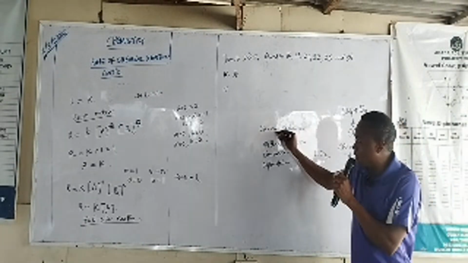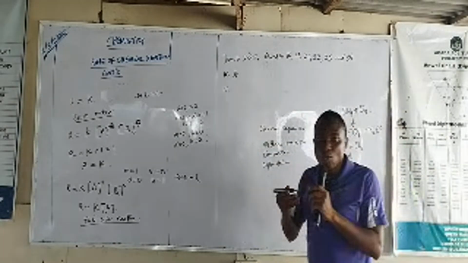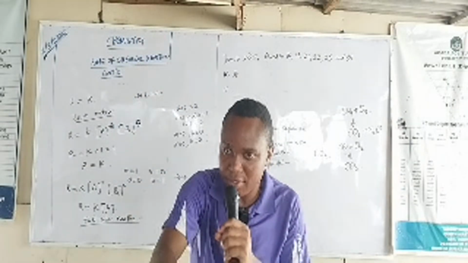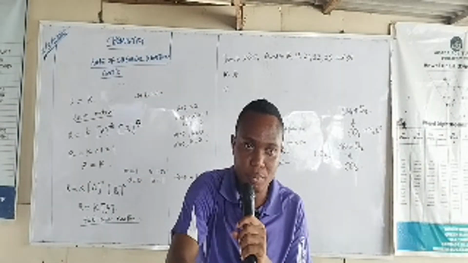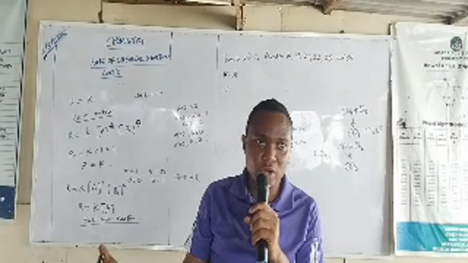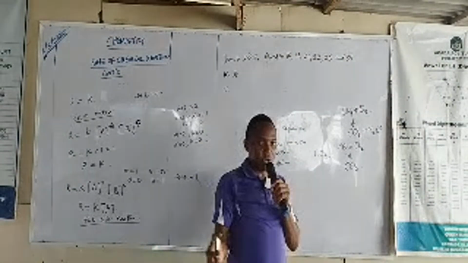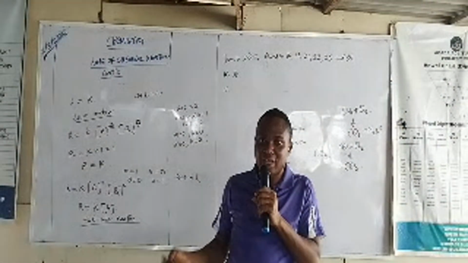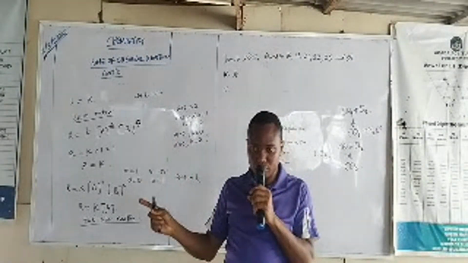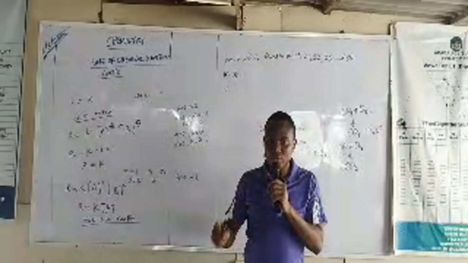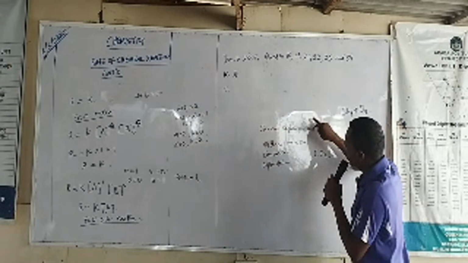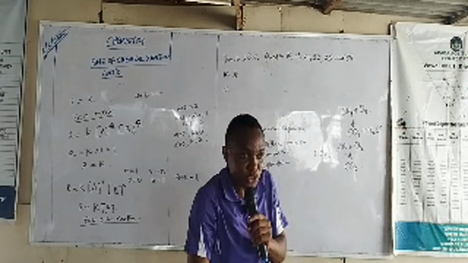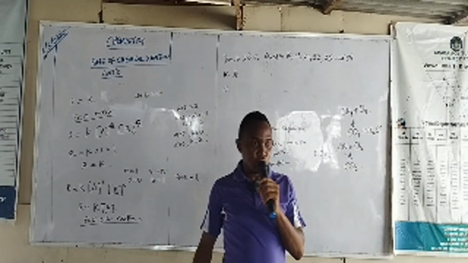But in carbon sequestration, what are we talking about? We are talking about how carbon enters into the biogeochemical cycle, as we refer to this kind of system, and how carbon is being removed from the biogeochemical cycle.